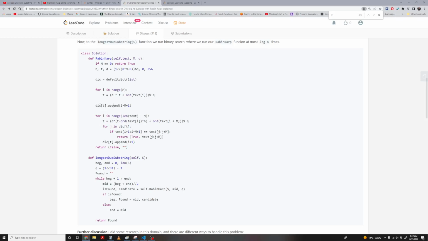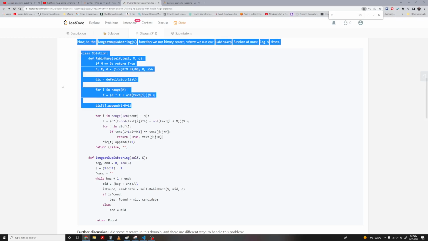This dictionary has a list, so it's assuming maybe we hashed something and we have two values for this hash, where two substrings give us exactly the same hash, but in reality they are not the same substring. It's possible.